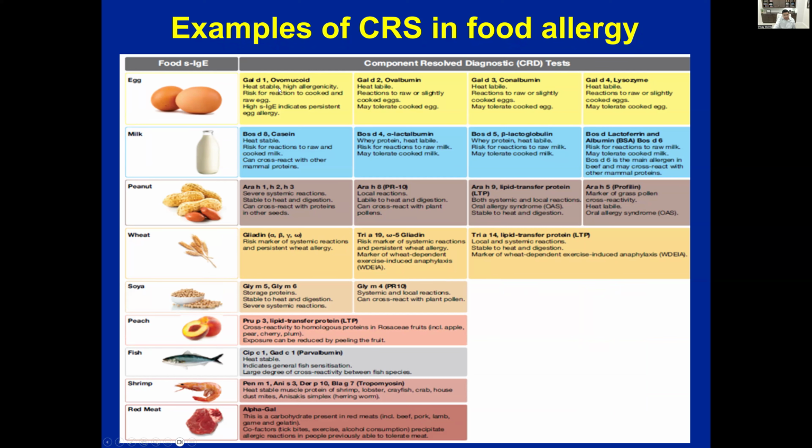Like with egg, if Gal d 1, which is ovomucoid, which is highly resistant to heat, well, if you're highly sensitized to this protein, you probably cannot even tolerate baked egg. Whereas if most of your IgE is against ovalbumin, which is heat labile, then you can probably tell the child, okay, you can go ahead and eat egg in baked goods.